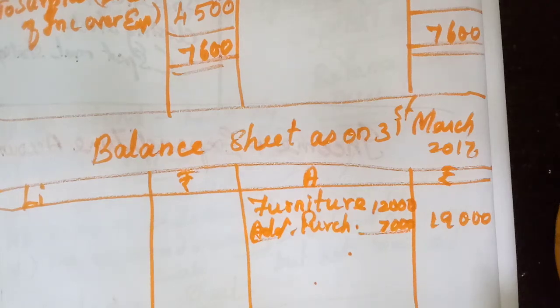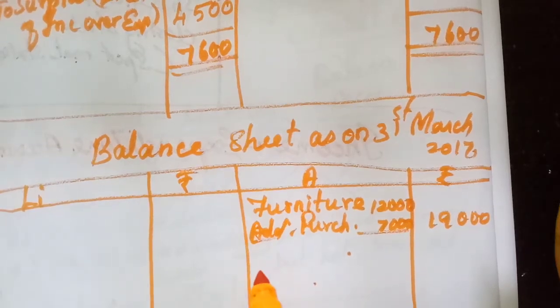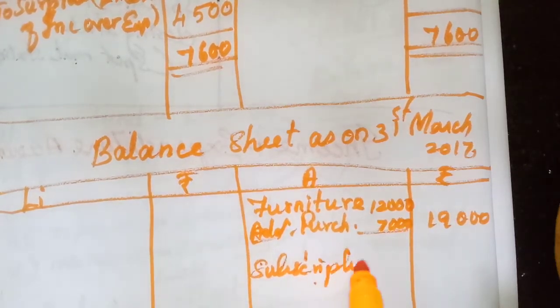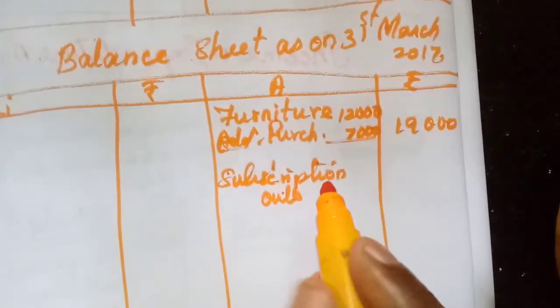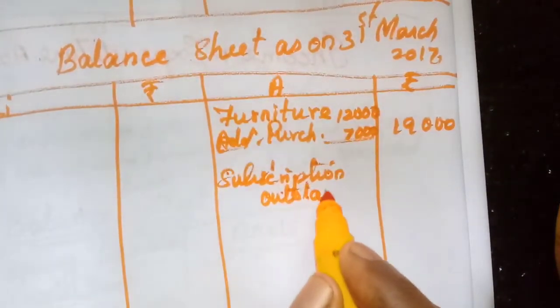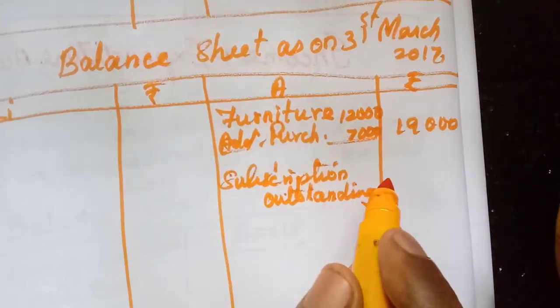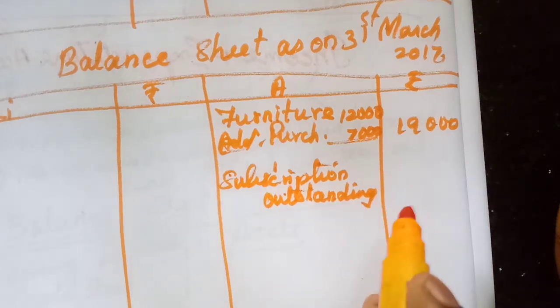Next one, subscription outstanding. That is an asset, isn't it? That we will write. Subscription outstanding how much? 600, isn't it?